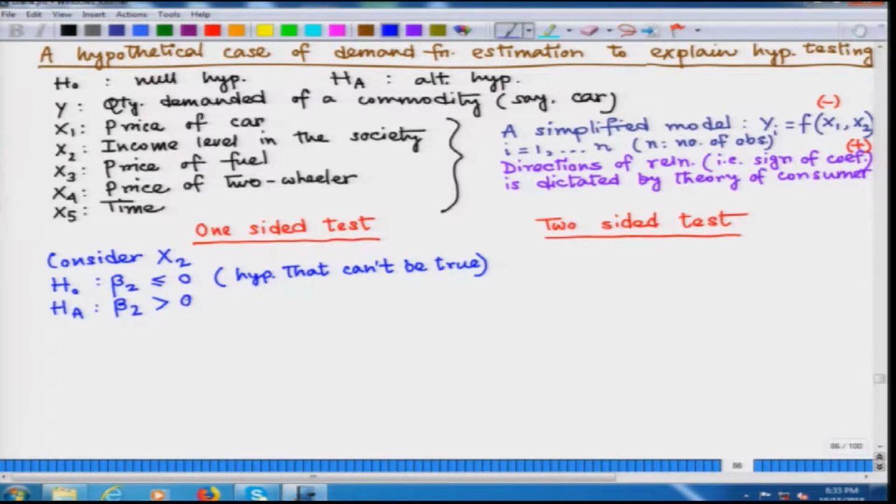Now, let us move on to the two sided test, and again we consider the x 2 variable.